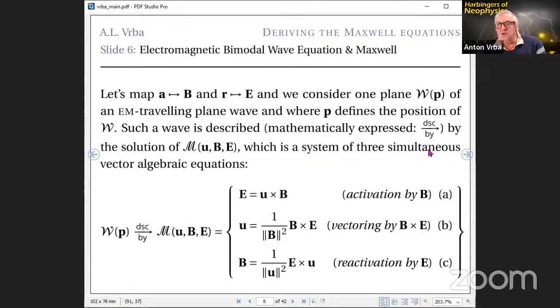I just put them in there, and I have the same three equations here. Activation by B, this I call vectoring, and then reactivation. Basically, activation and reactivation is equivalent to self-inductance.